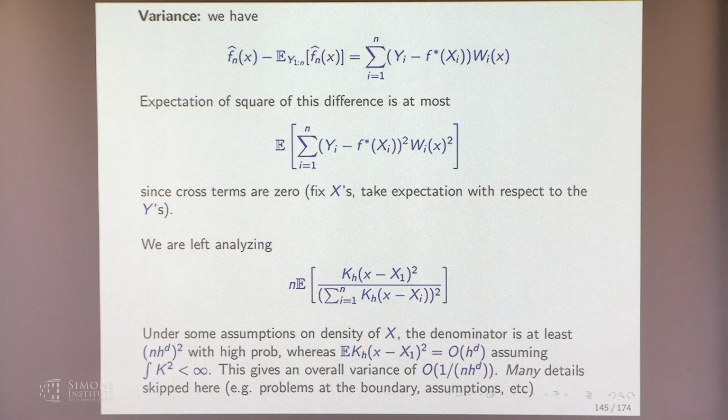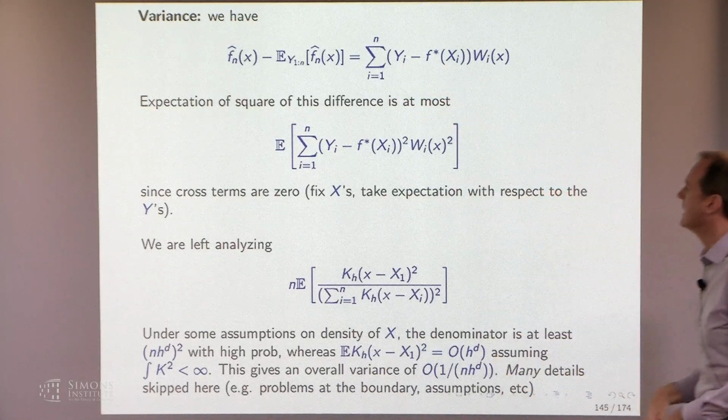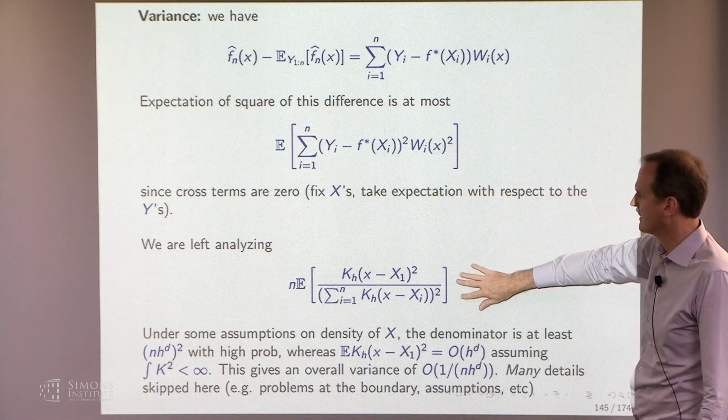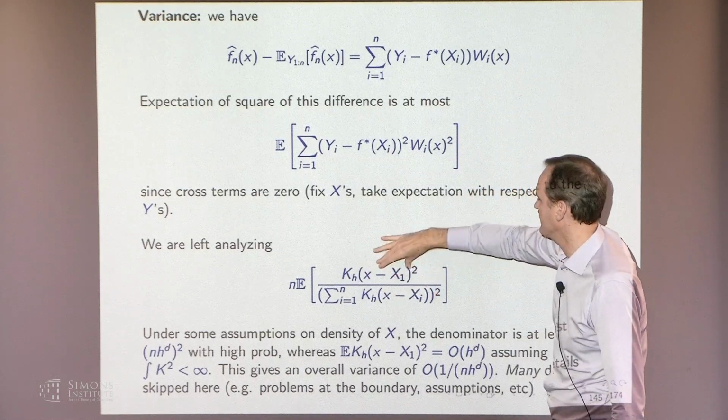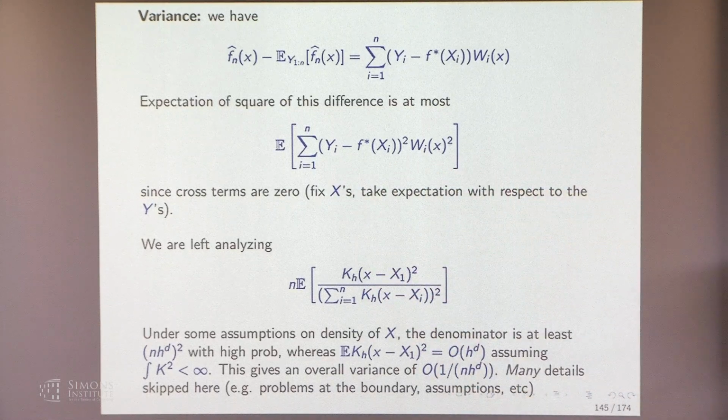Okay, so we can take the expectation of the square of that quantity, and again, the cross terms are 0. When we take the expectation of this, we get the conditional expectation given the xi. And so this is what it looks like. And so we're left with thinking about the weighting squared in this sum. Okay, so what is that sort of expectation going to look like?